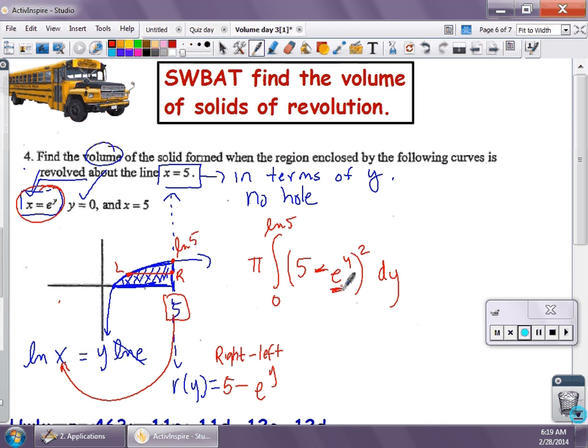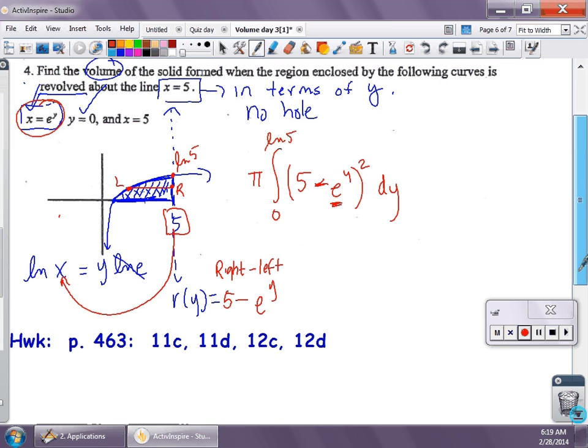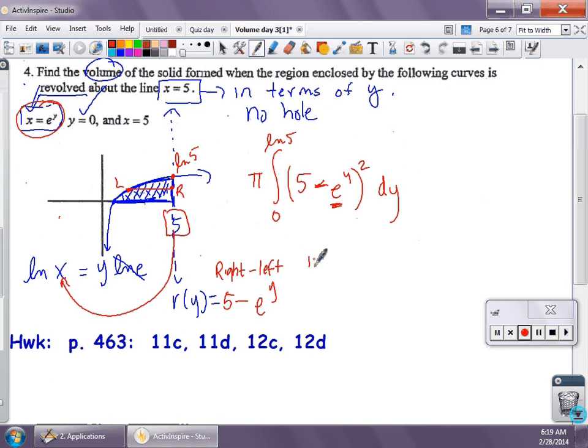Again, you would square this binomial, so I'm going to take that one little step further. That would give me pi times the integral from 0 to ln of 5 of 25 minus 10 e to the y plus e to the 2y dy.